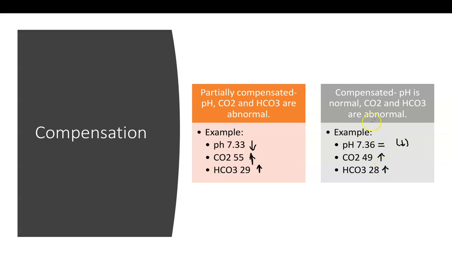So I know that I have a compensated respiratory acidosis. Why? This is on the low side of normal, and that would mean it's coming up. So I know those match up. Respiratory is opposite, so my CO2 and my pH align, and my bicarb was coming in. My kidneys are excreting the bicarb to buffer it. So that would be a compensated respiratory acidosis.